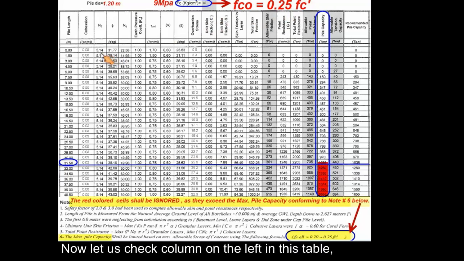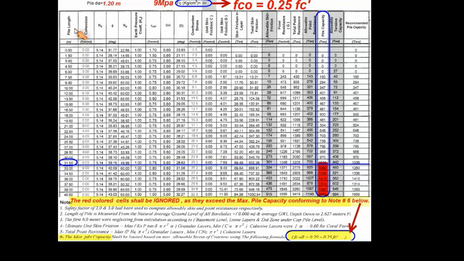Now, let us check the column on the left in this table, which indicates the depth of the pile. The pile, as you know, extends from the natural ground level as deep as you want in the soil strata. Here, this table tells me about its resistance in friction, which is 0 up to a depth of 6 meters, where I have no load working because the soil is very loose and very weak.